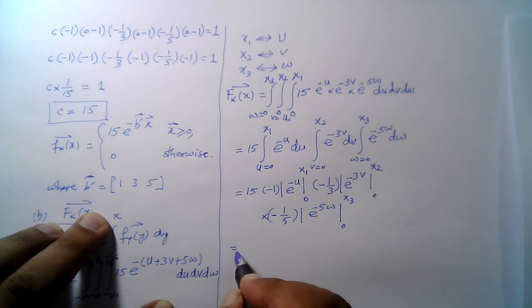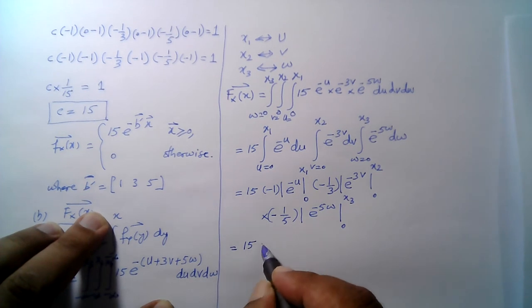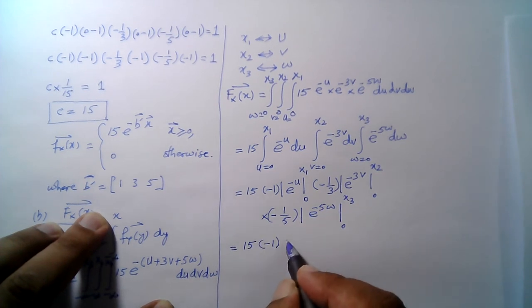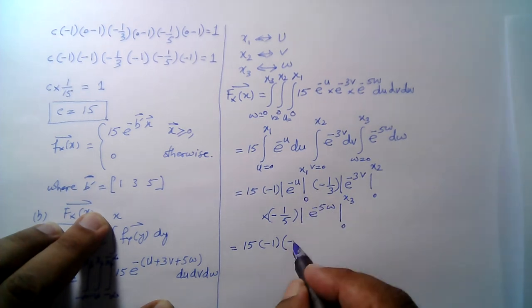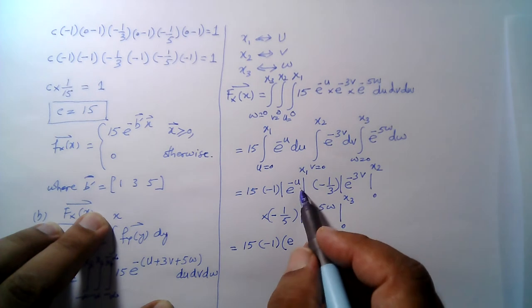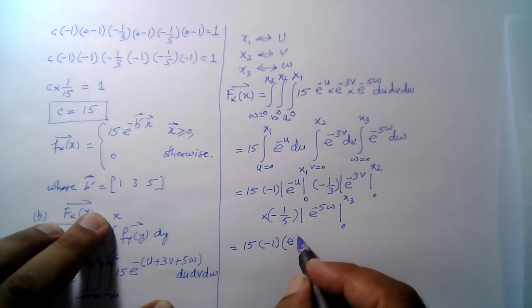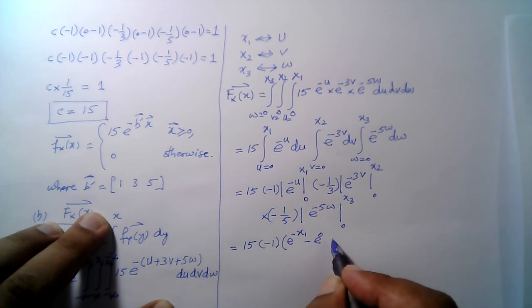So let's substitute the limits now. So this is 15 times minus 1, and this will be e raised to power minus x1, substituting x1 for u, minus e raised to power 0, right?